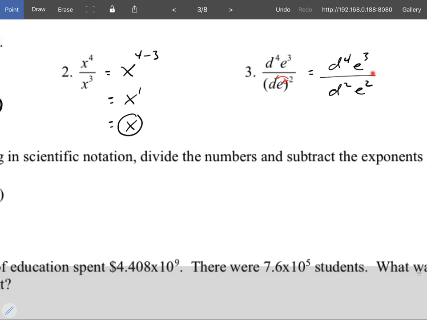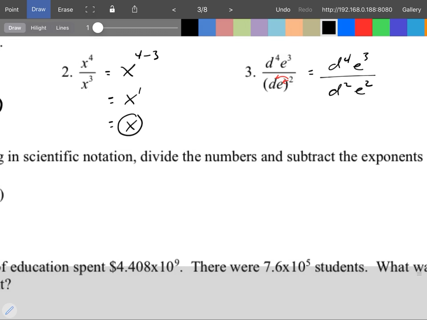So that's going to be d to the numerator power minus denominator power. Same thing with the e's. You're going to end up with an e to the numerator exponent minus the denominator exponent. So that would look like d to the 4 minus 2 power, and then times e to the 3 minus 2 power.